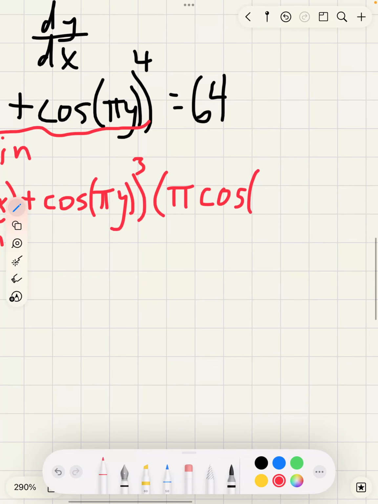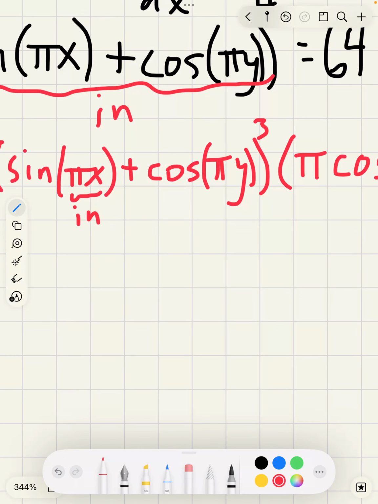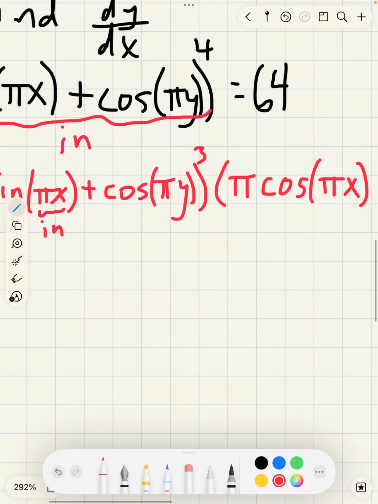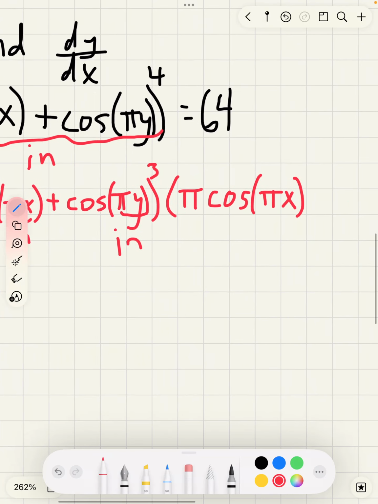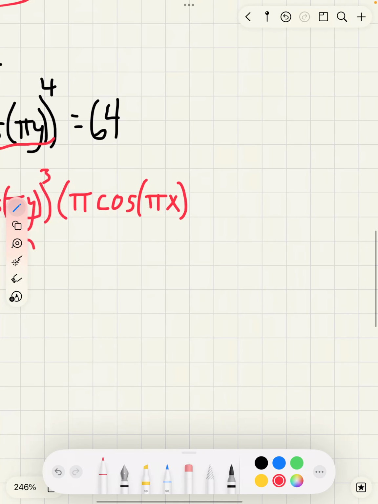And then when I go back to the second term, notice that that is also composite. So pi y is the inside, right? Cosine of stuff is the outside. So in a similar manner, we'll get that the derivative is negative sine of stuff, but we have to multiply by pi. That looks messy.